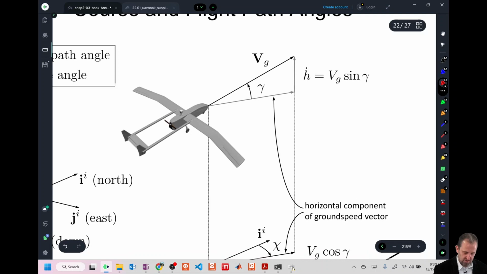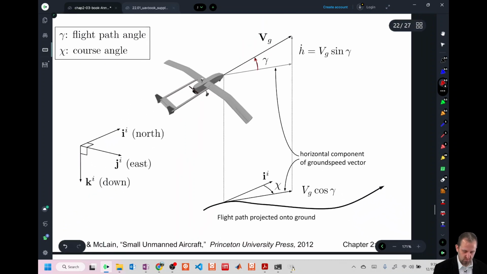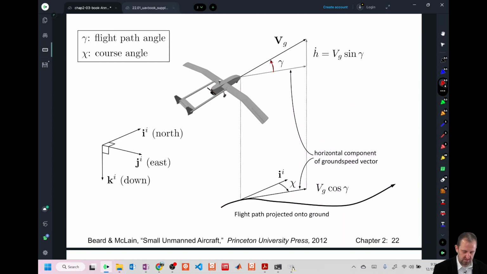So again, this is measured off of the inertial plane, and we're just saying what is the angle to get from the inertial frame XY coordinates, so the north-east coordinates, how do we pitch that frame up to get to our velocity vector?